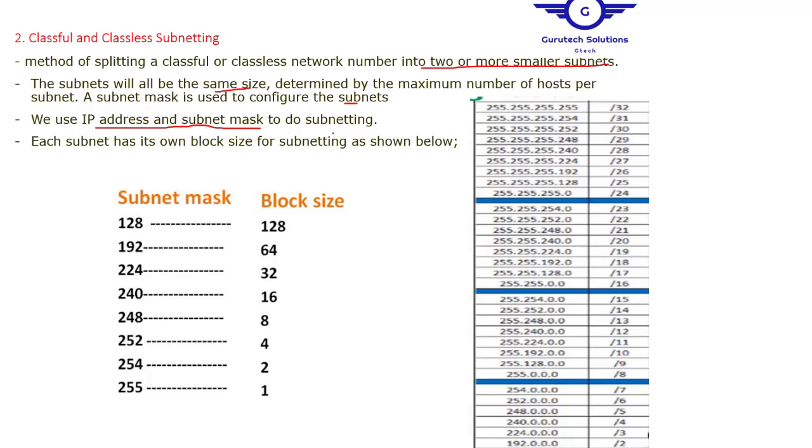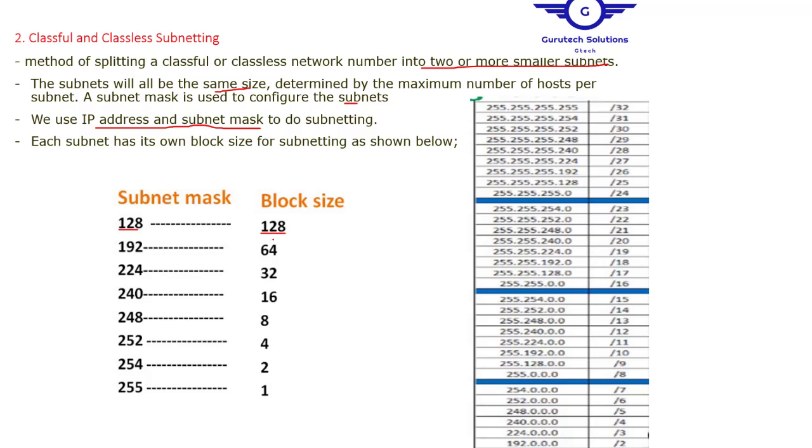For example, when any subnet mask ends with 128, the block size is 128. Block size is primarily what helps us move from one subnet to another. It's the step you take to move from one subnet to another. If you want to move from this subnet to another, how many steps do you pass through?